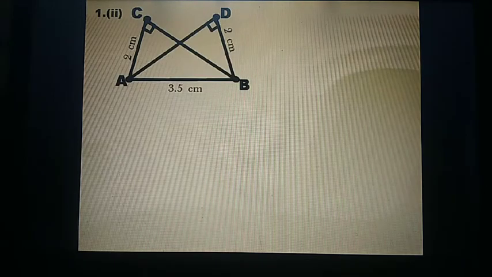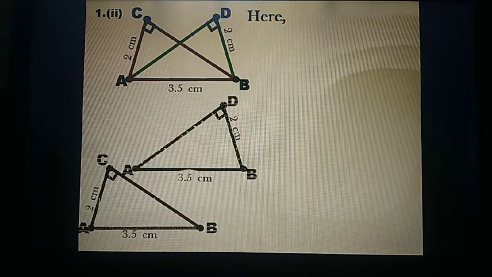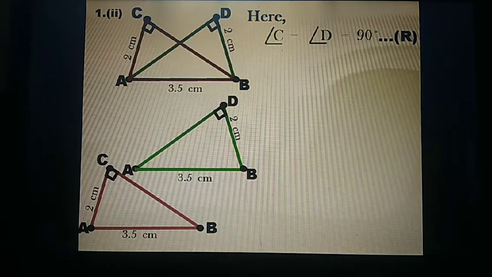Next set. Again, the two triangles are given to you with the same AB as a side. First we can shade them with different colors, or to make it clearer, we can draw them separately. Again, first we check for the right angle. Angle C and angle D are both right angles, so R. The side opposite to angle C is AB, and the side opposite to angle D is AB.